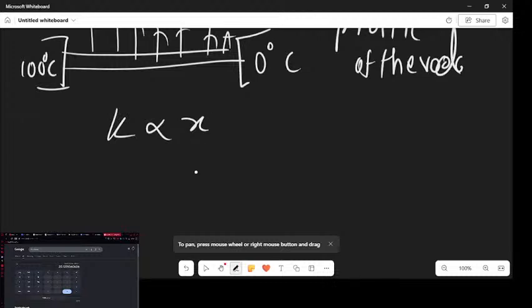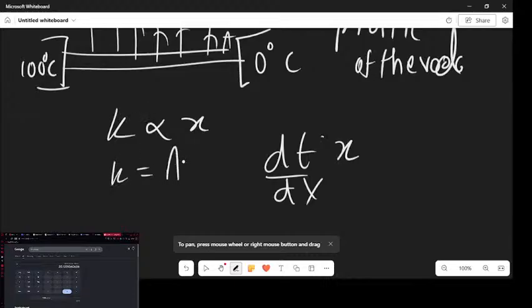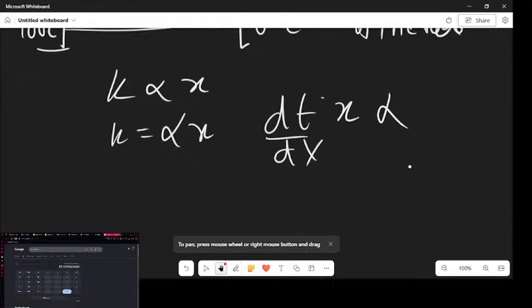Since dT by dx into K, for some constant alpha, K is equal to alpha x, and area will remain constant, is equal to dH by dt.